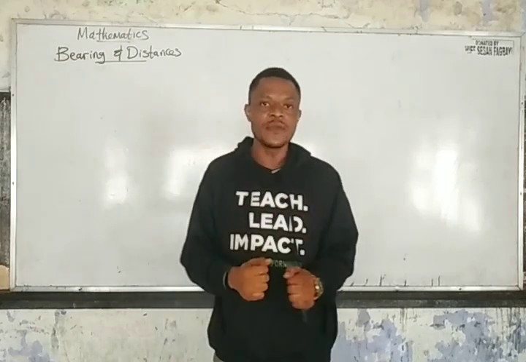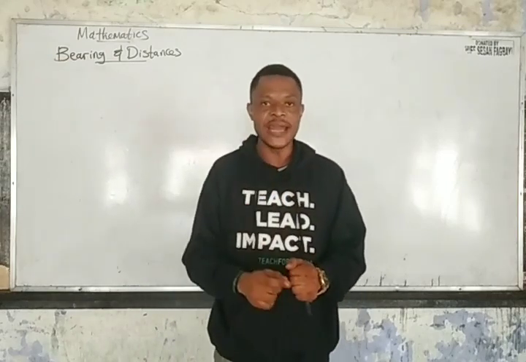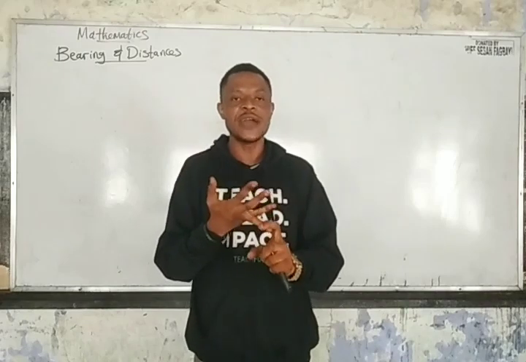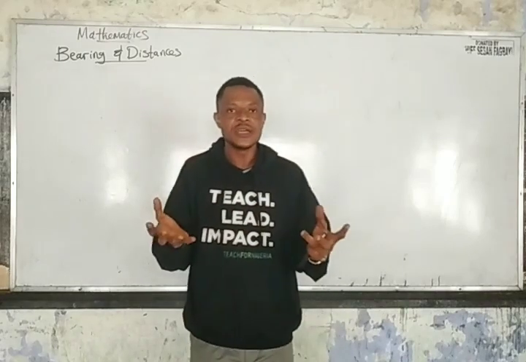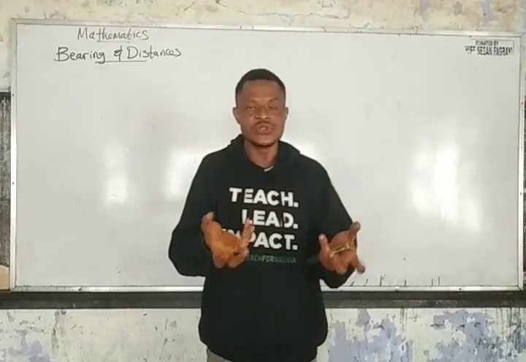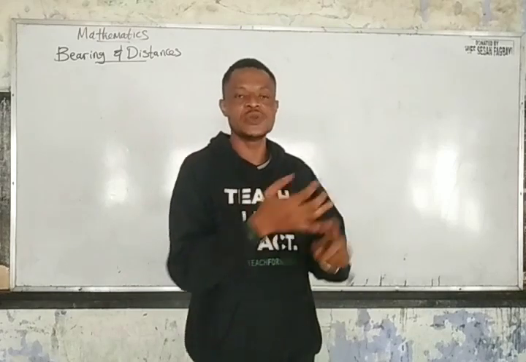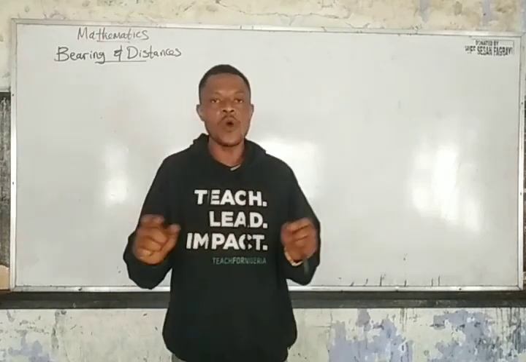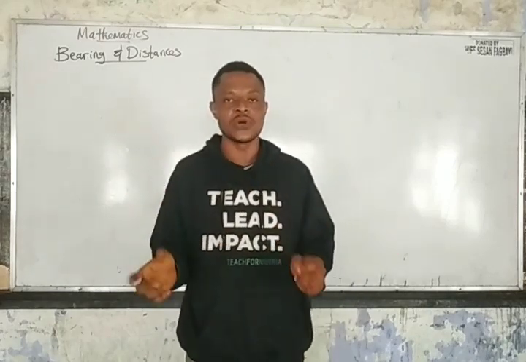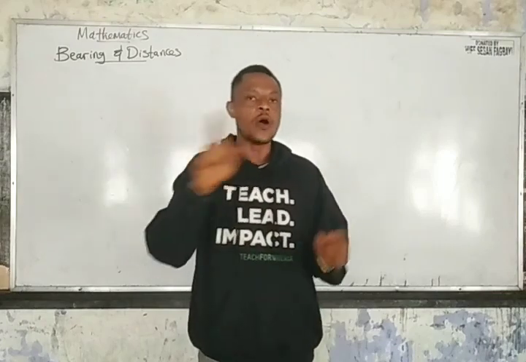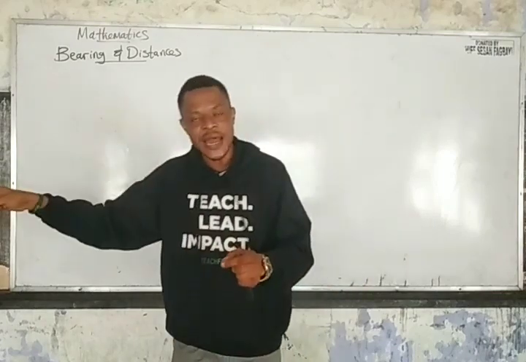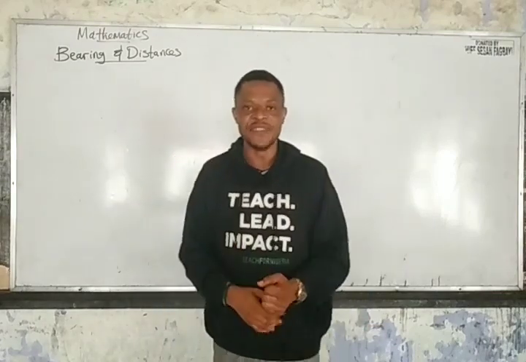But before we move into that, there is something we need to learn, which is the sine and cosine rule, because this theorem is what we are going to use to identify distances between points and to find the bearing of a point from another point. Now, let's see what we have next.